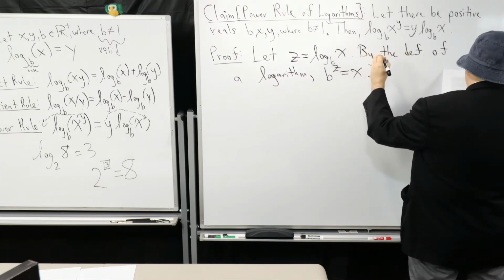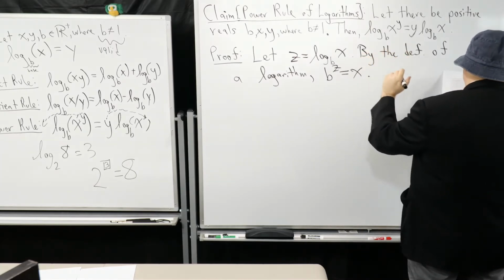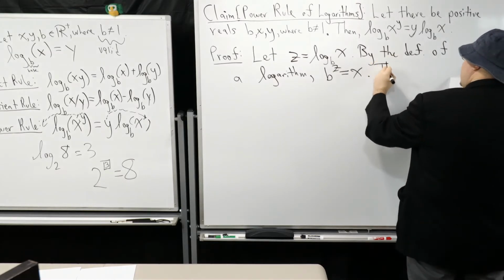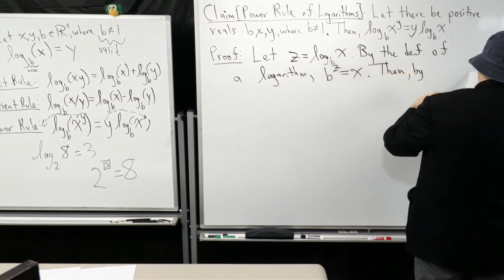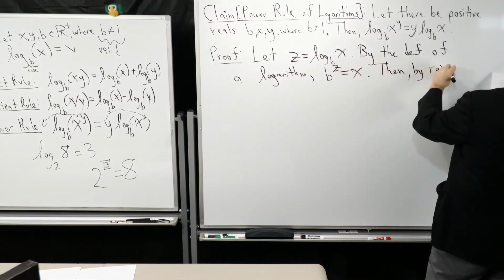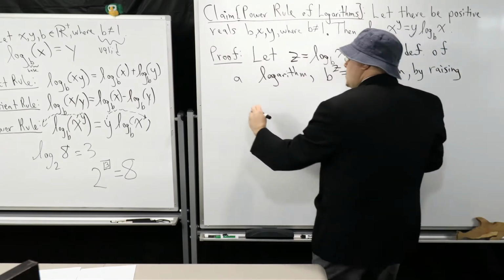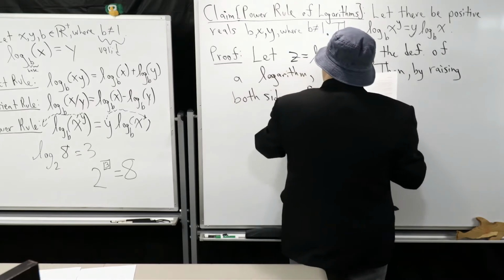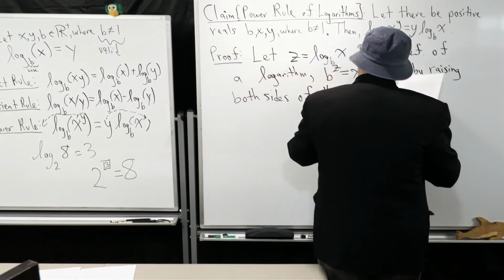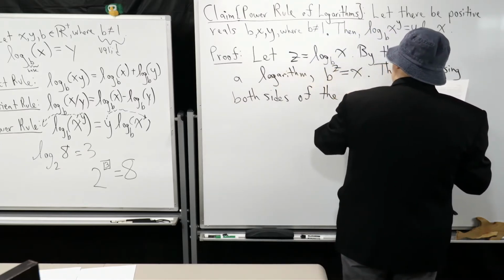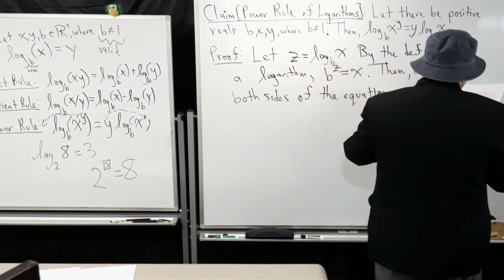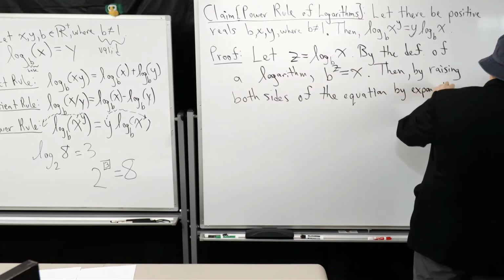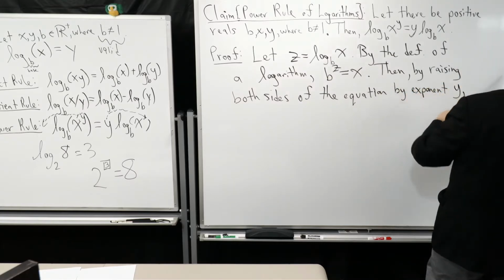Then, here we go. Now watch this. We're going to use some properties of exponents here. Then, by raising both sides of the equation by exponent y, what would that mean?